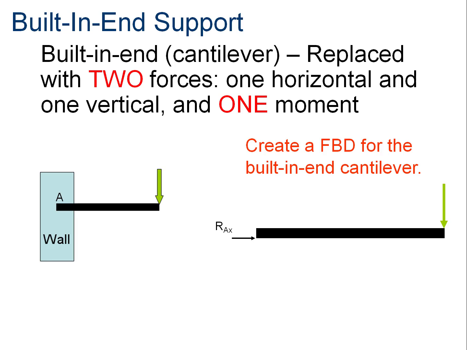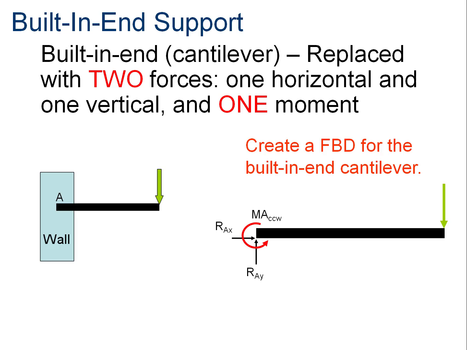I know there's two forces at the junction with the wall. There's a reactionary force at point A in the X direction and a reactionary force at point A in the Y direction. And I also know that I get a moment. And that moment has to oppose the moment of the force out here.